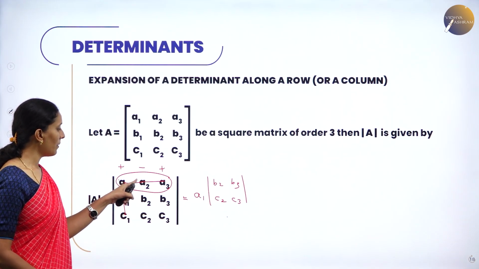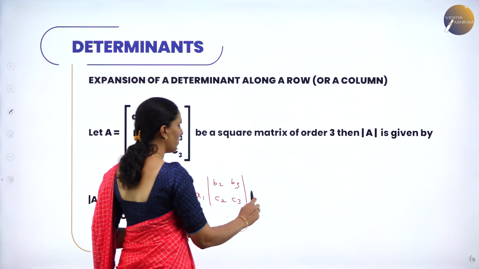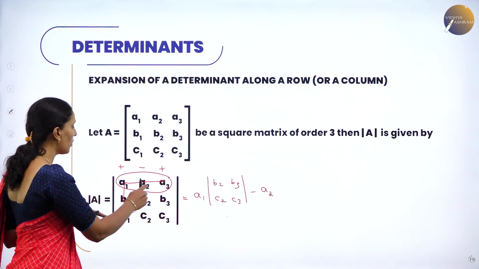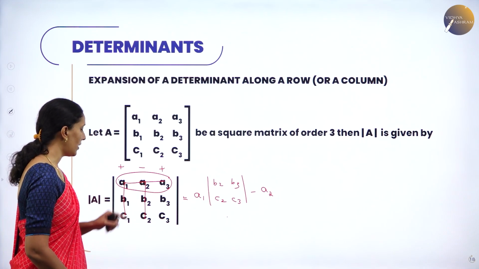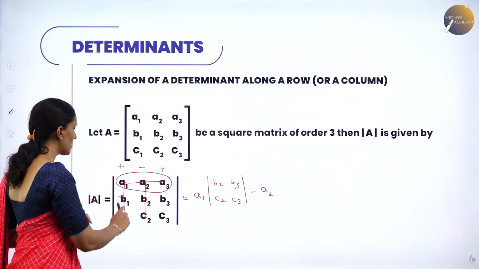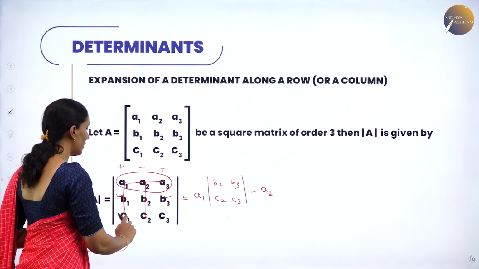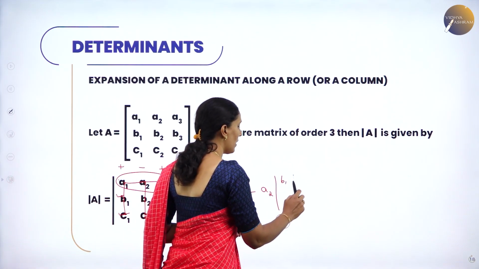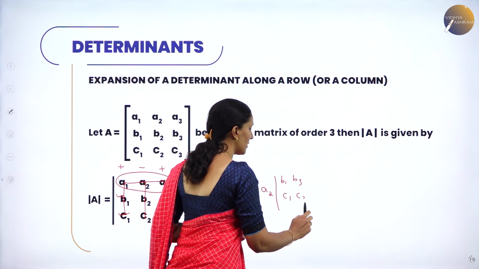Next element I am taking is minus A2, because the sign in the second position is minus. Now delete the row and column containing A2 and write the remaining elements. What are the elements we have? B1, B3, C1, C3. So we will write B1, B3, C1, C3.